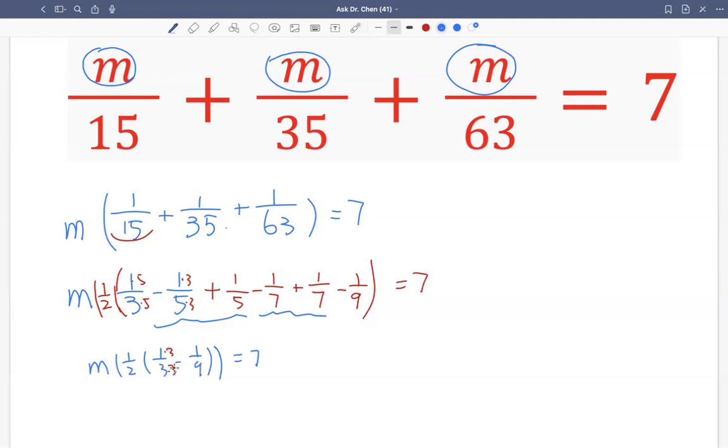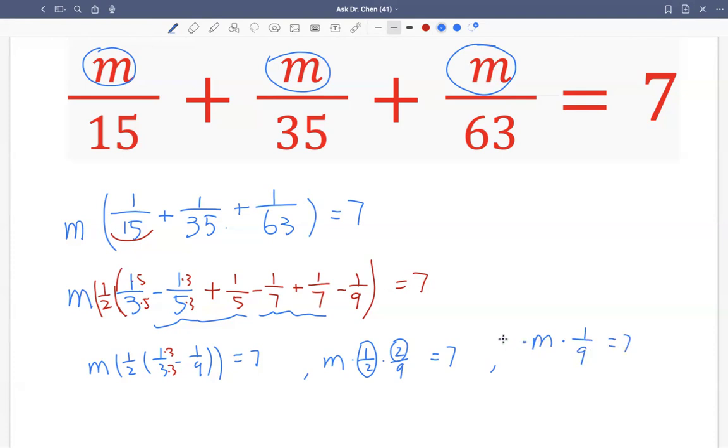So 3 over 9 minus 1 over 9, that's 2 over 9. So we have m multiplied by half, multiplied by 2 over 9. That equals 7. Well, half times 2 becomes 1. So this becomes m multiplied by 1 over 9 equals 7.